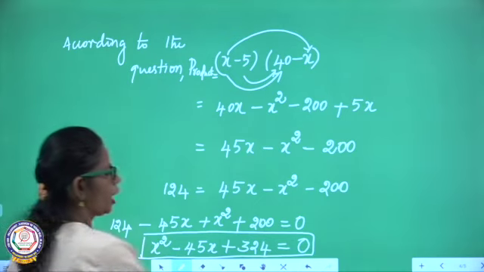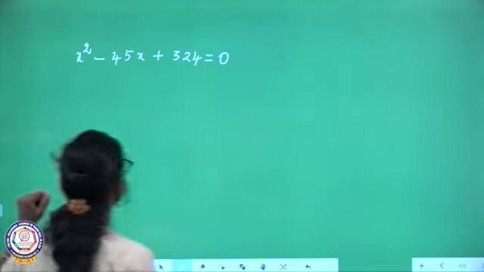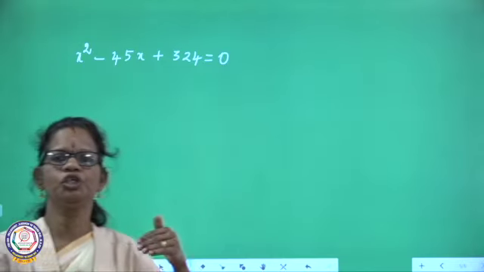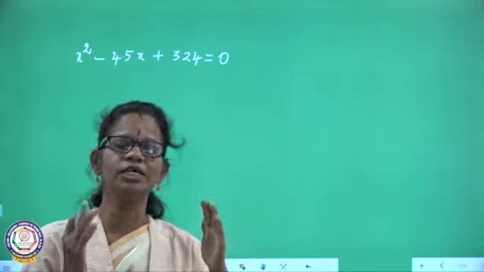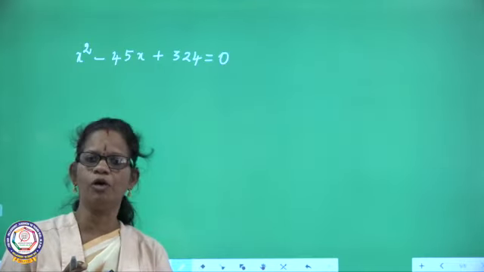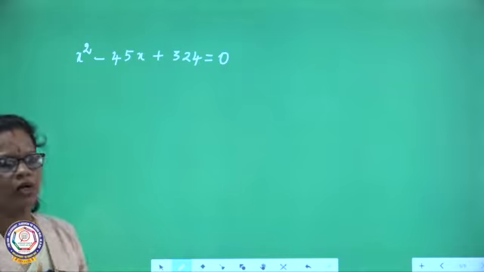The same I carry over to the next line. Now, what is the sum? I discussed this: it is the coefficient of x along with the symbol. If it is addition, you have no issue. If it is negative, you have to write it along with the symbol.